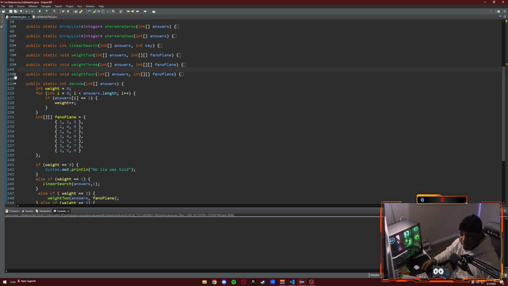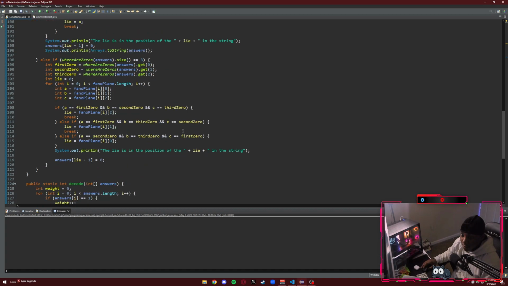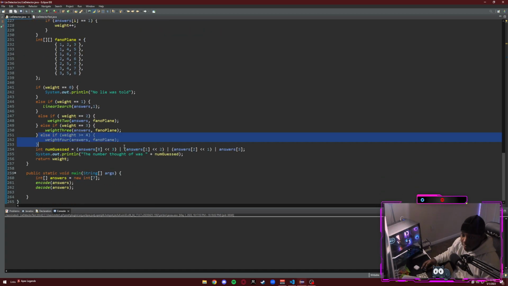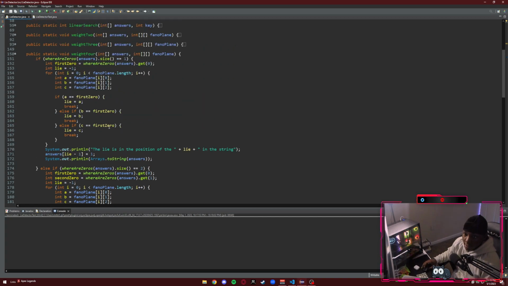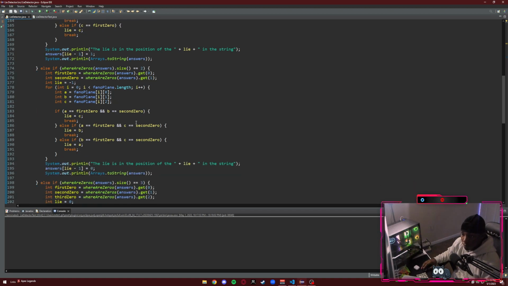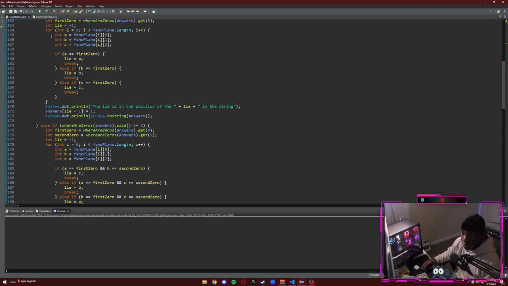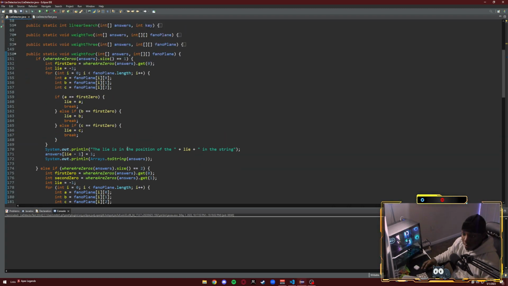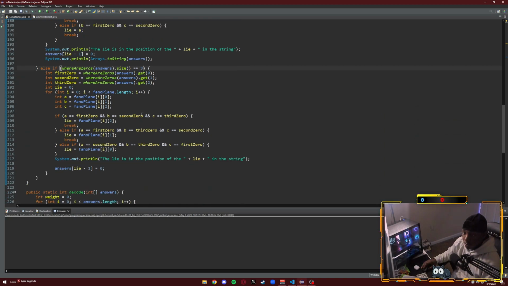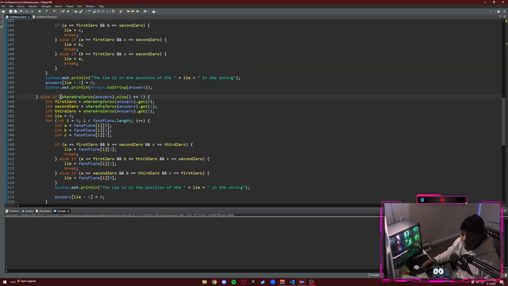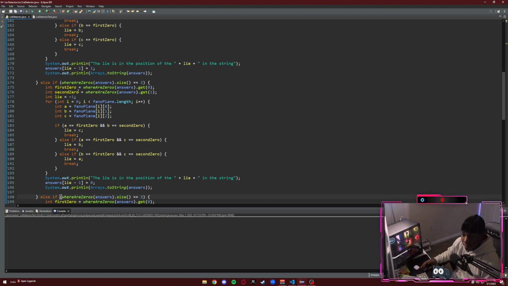Lastly, I have my weight 4 method here at the end, where it's if the weight's greater than 4, where it actually sees if there are 1 zero, 2 zeros, or 3 zeros, then of course it compares each one of those with the Fano plane there, and then it replaces it with 1 for the first 0, and then for the second and third zeros in the array, it'll just leave the zeros there.